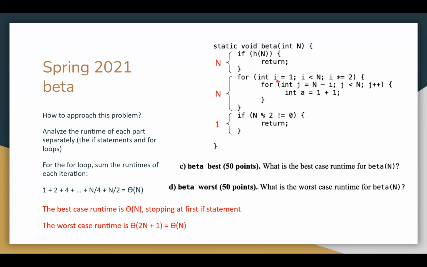So I increases from 1 to 2, 2 to 4, and 4 to 8. So it increases 1, 2, 4, 8, with every single time it multiplies by 2. So our inner for loop depends on that. Our inner for loop iterates 1 time, 2 times, 4 times, and then we're summing up all the iterations here.